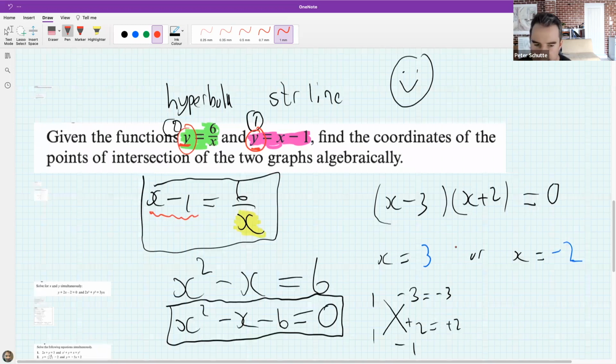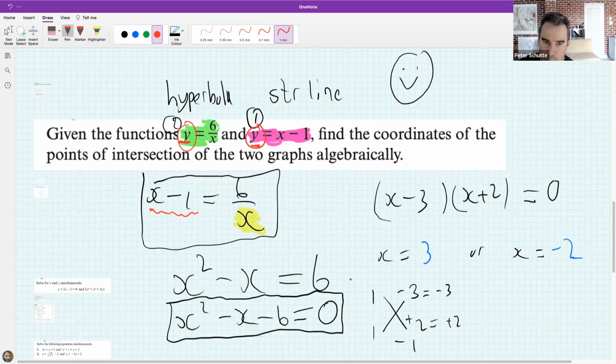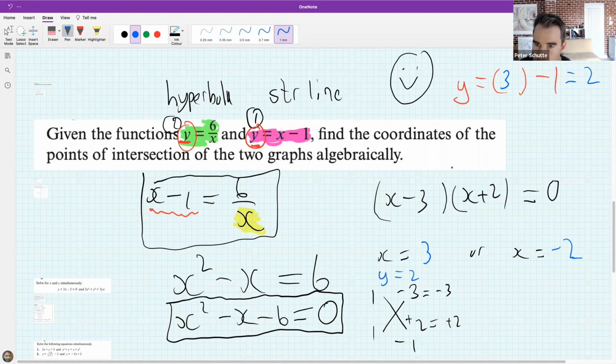Okay. So for y, I was thinking we should just use equation 1. And if we do that, y equals something minus 1. If the something is 3, then y should be 2. So that gives me y is 2.